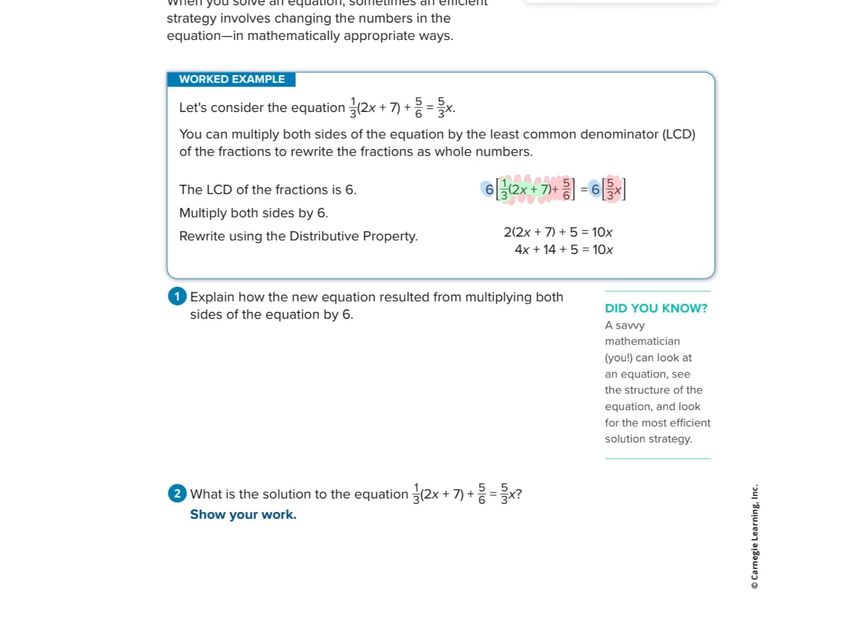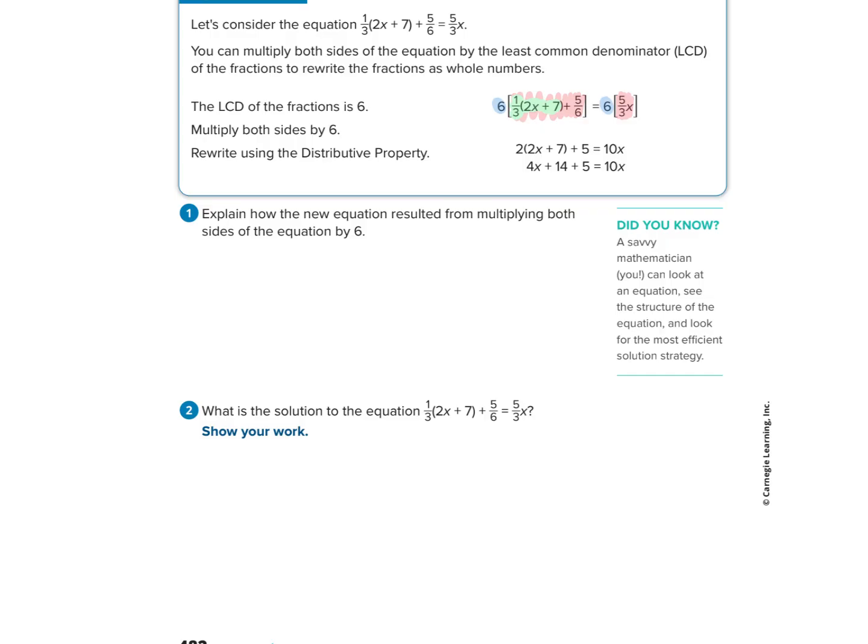That's what's happening down here at number 2. So I'm going to pick up where they ended to continue to solve. I'm going to take away 4x, and we have 6x on this side. 14 plus 5 would be 19.